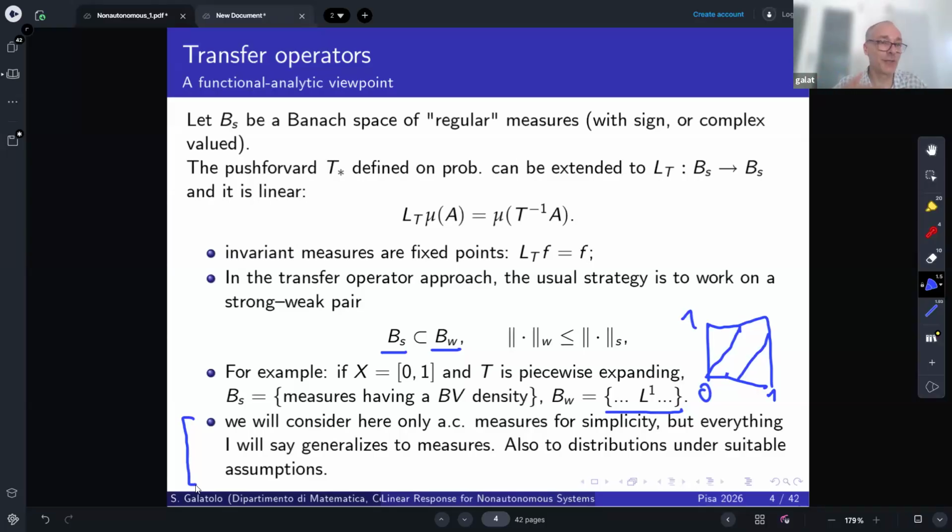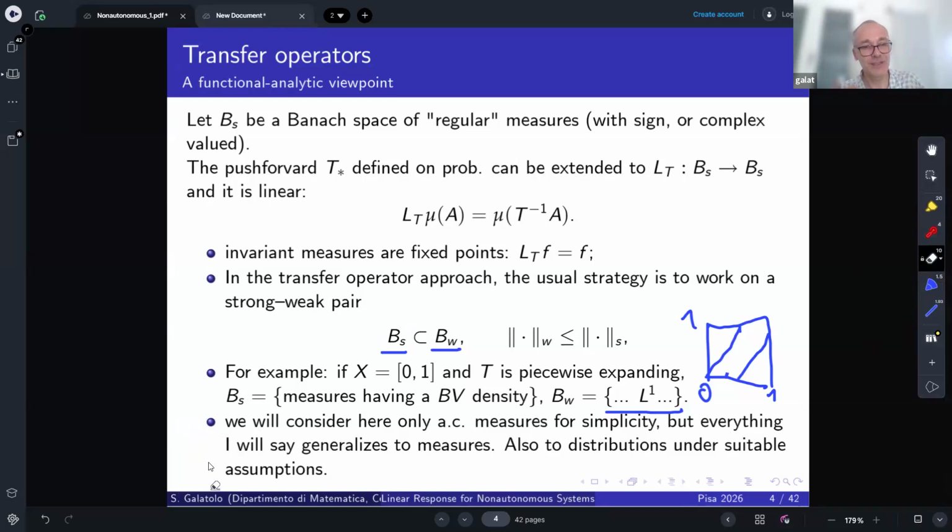But this is a technical complication that will not introduce different ideas. So I will skip this. I will keep the framework in the most simple situation. So I will only speak about regular invariant measures, regular even from the Lebesgue point of view. They will always be absolutely continuous measures that I will consider.